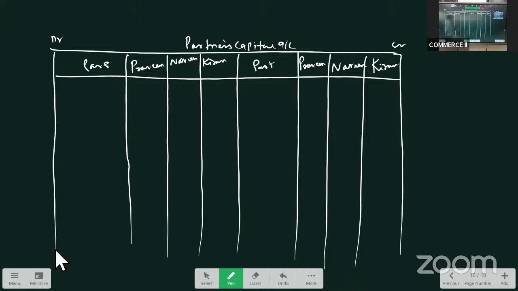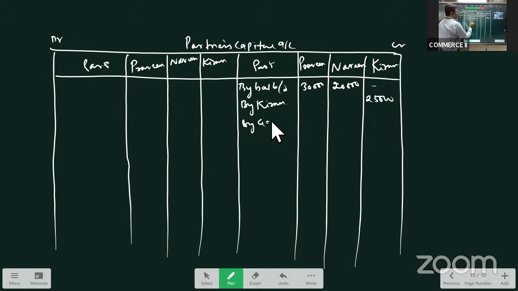We usually get 4 items on the credit side. What are those? First one is the capital. Capital of Praveen is how much? 30,000. Naveen is 25. And Kiran has introduced 25,000 as his capital. Then we used to take goodwill here, crediting the partners with goodwill.